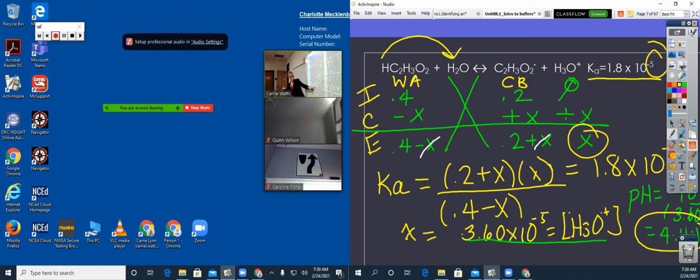This is looked up. Actually, this is given, but looked up in the table. I just used my solver to find X. Again, you actually could cancel out the X's. I just used my solver. And I got X is 3 times 3.6 times 10 to the negative fifth, which is my hydronium concentration. Plugged it in, and I got a pH of, I think, 4.4. Okay? And if you look at the Ka, the pKa, it's pretty close to that as well.